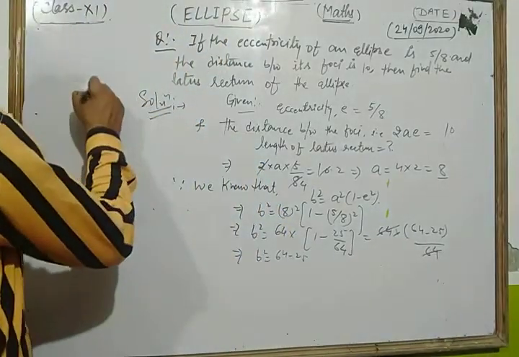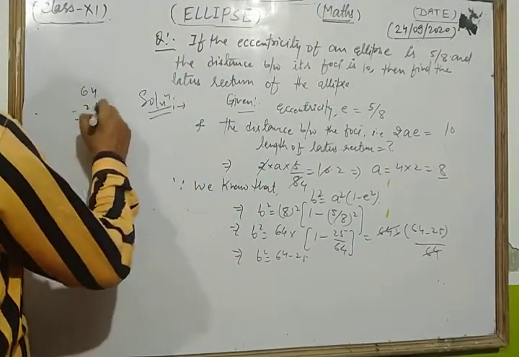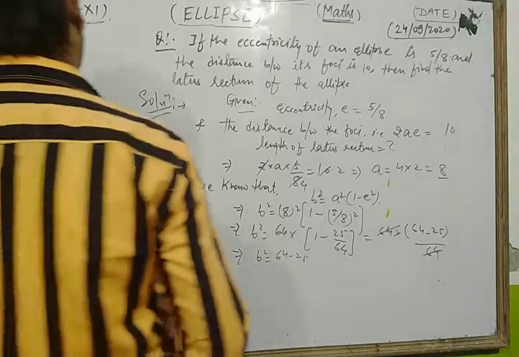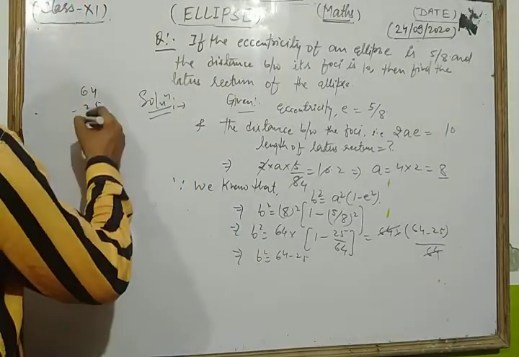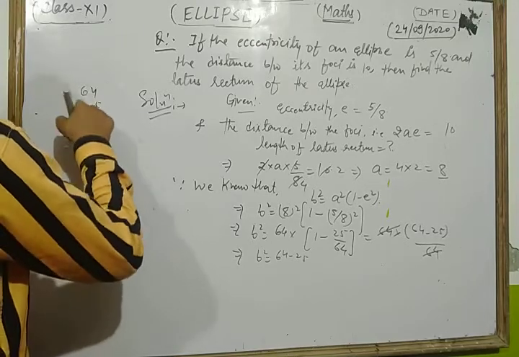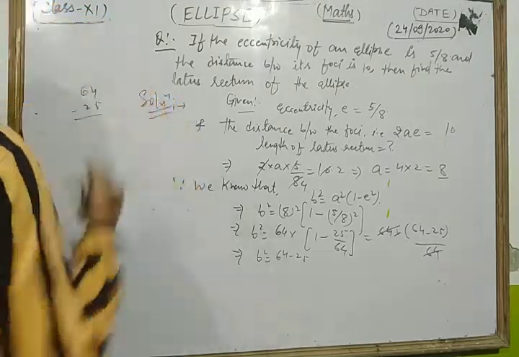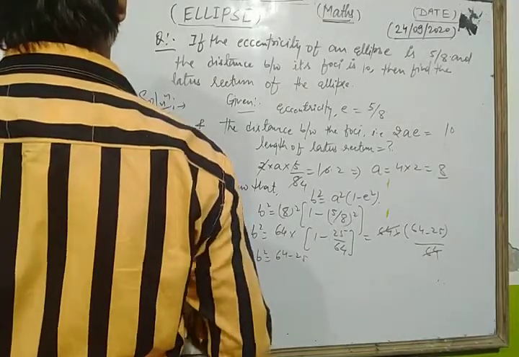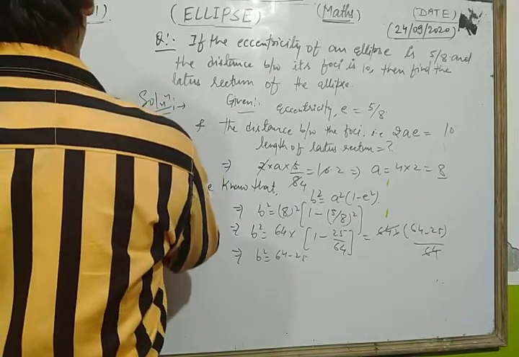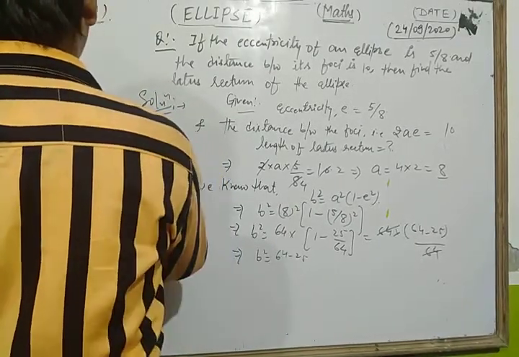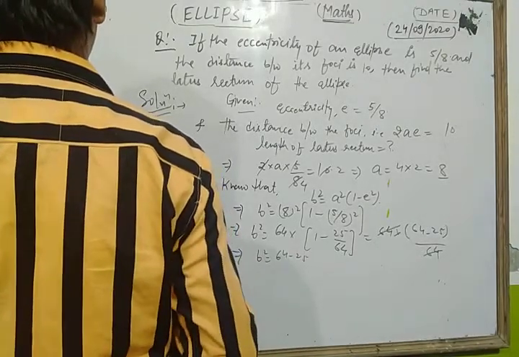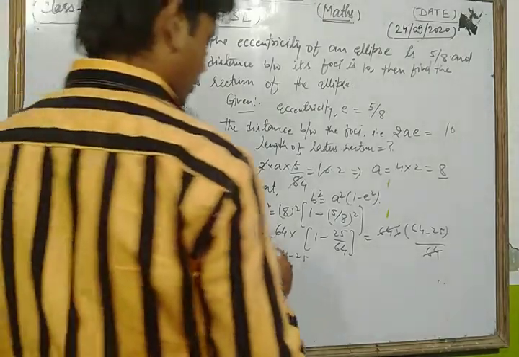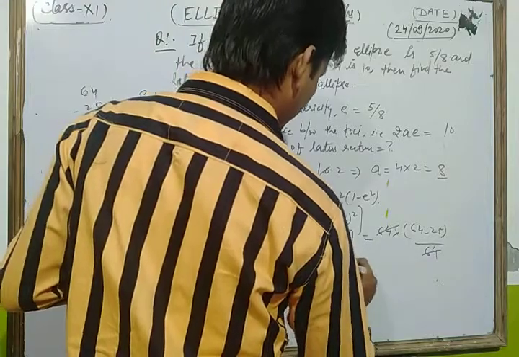Now if we subtract 25 from 64, we get 39. Okay, the value of b square is 39.